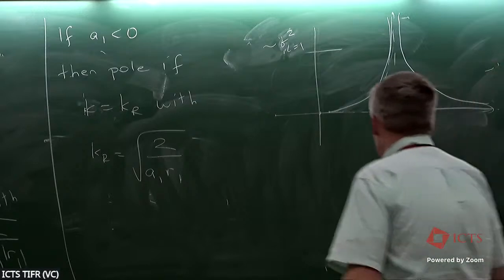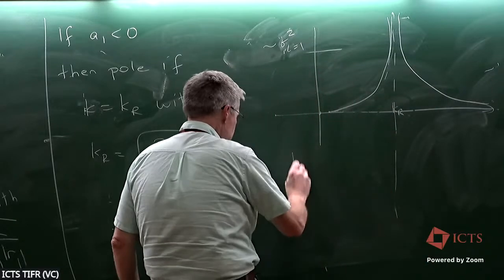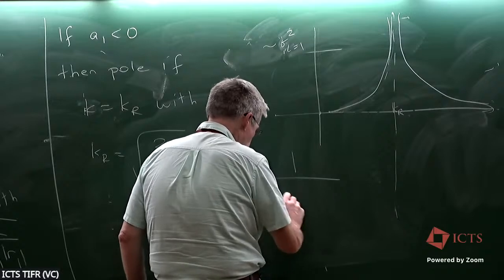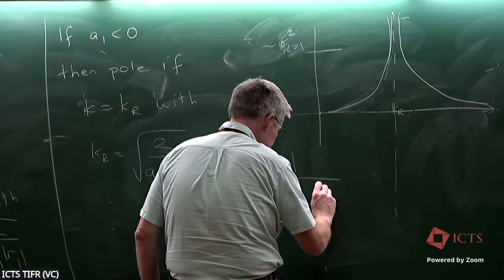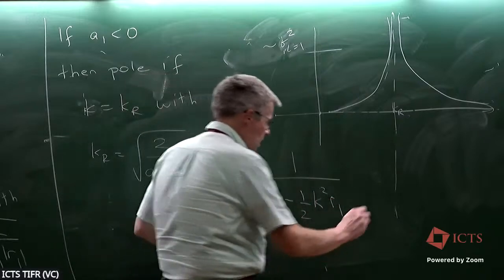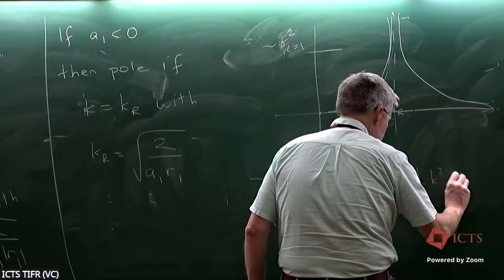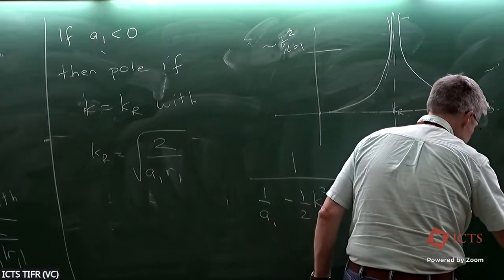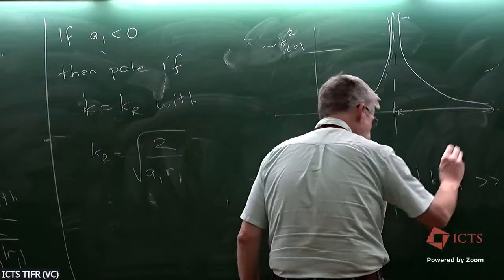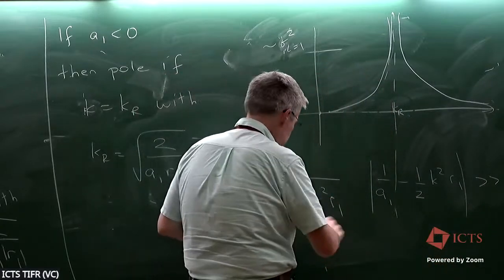So let me repeat the argument. If I'm far away from the resonance, in other words, if I'm in a situation where 1 over A1 minus 1/2 k squared R1 is much larger than k cubed, as long as this is true, then this dominates.